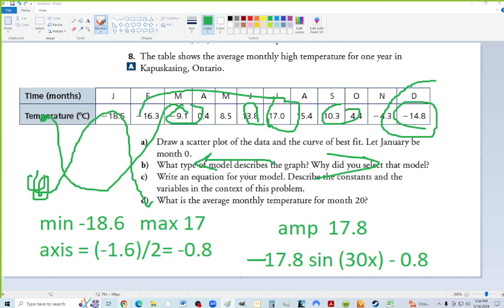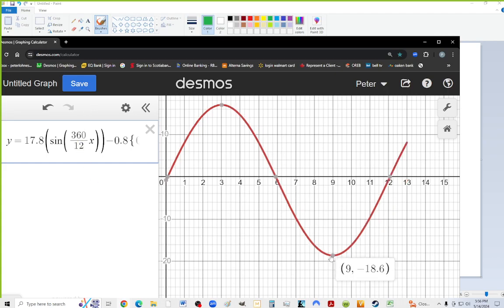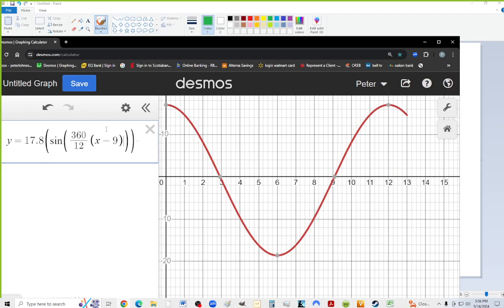So I can make my sine curve start at the bottom, because the bottom of my sine curve is over here at 9.75. It's just hard. Well, let's put it back to 12. It's down here at 9. So that means I would have to phase it left 9, I would have to add 9. I gotta go x minus 9. But the problem is it's hard to figure out. Oh, now it's at the top, so I actually phased it the wrong way.